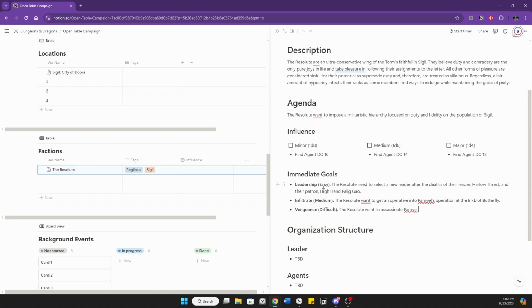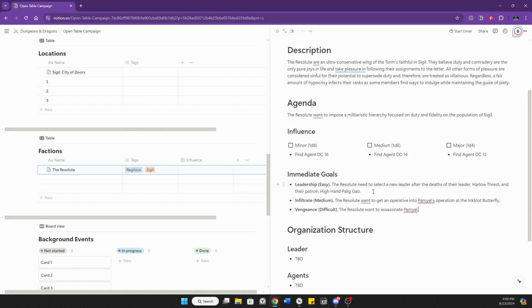I grade it with a difficulty, so easy, medium, or difficult. And that will be important later when I talk about setting myself up for success for tracking these faction actions and faction goals when they're happening in the background off screen. But again, I'm keeping these very simple. I'm writing a little sentence of detail for myself.